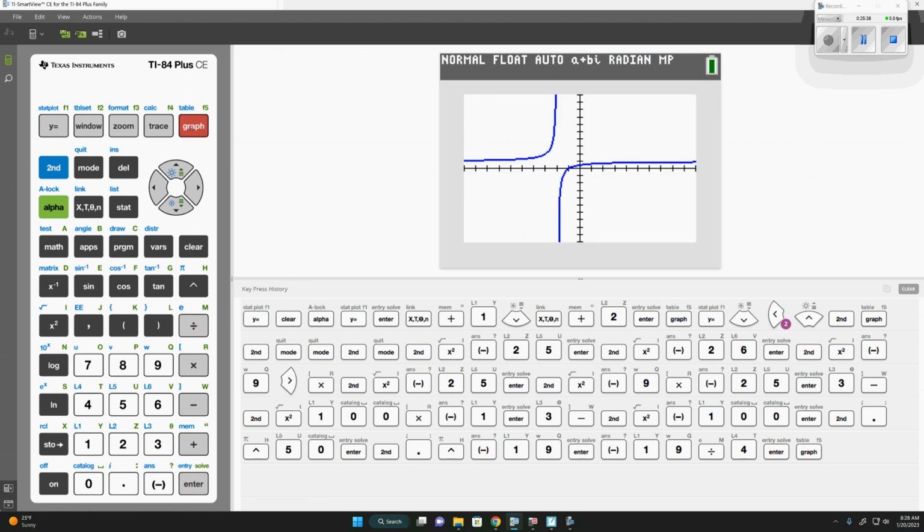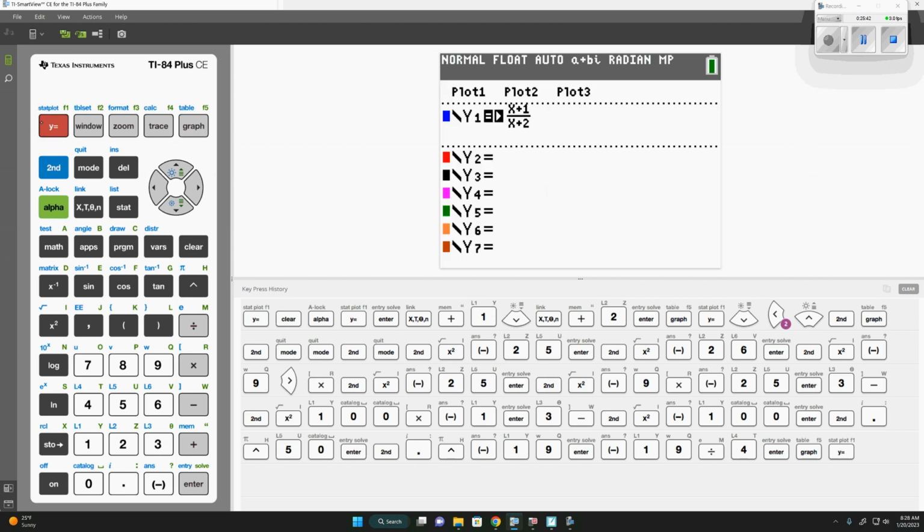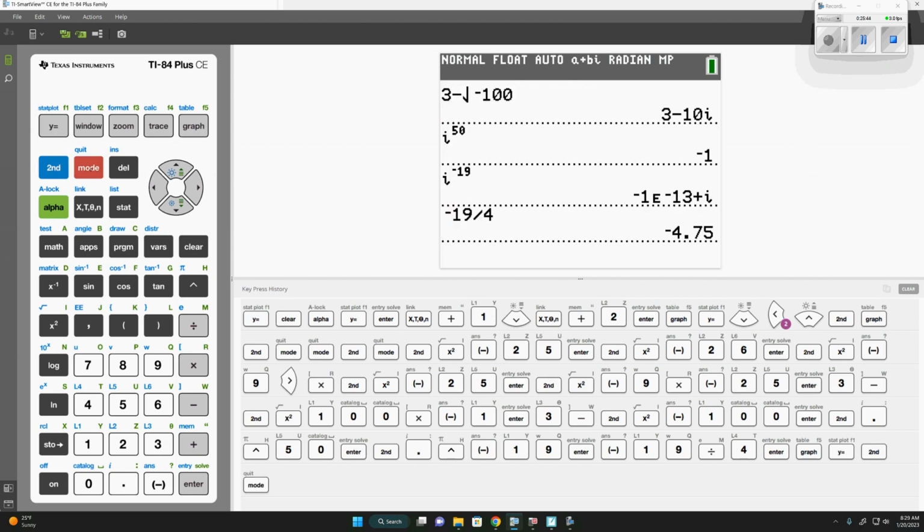The graph has pixels, so that negative 1e to the negative 13 is a pixel size. It's massively tiny. So whichever one has that e to the negative 13 or negative 12, consider it 0, even if it has i. So that's 0, so really the only thing we have is positive i. That's the answer. Does that make sense?